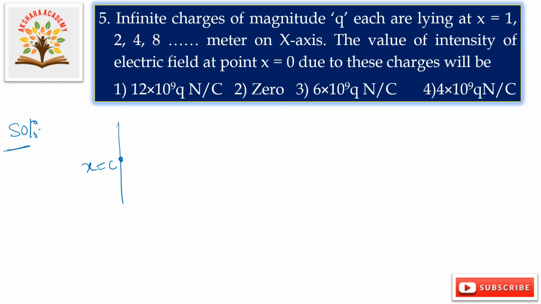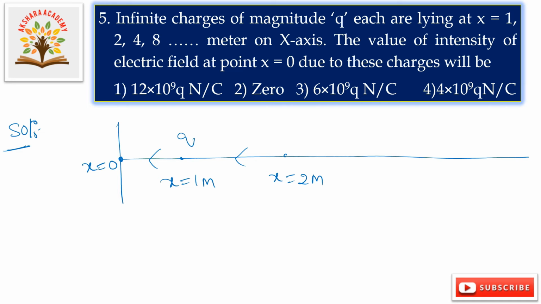Now here x equal to 0, it is starting from, and here x is equal to 1 meter, and here x is equal to 2 meters, and here x is equal to 4 meters, and here x is equal to 8 meters. These are all the infinite charges of magnitude q lying on the x-axis.